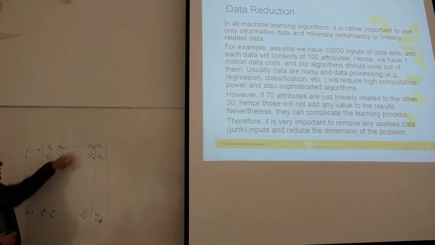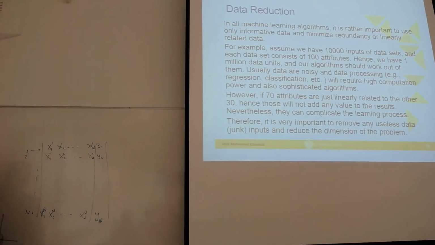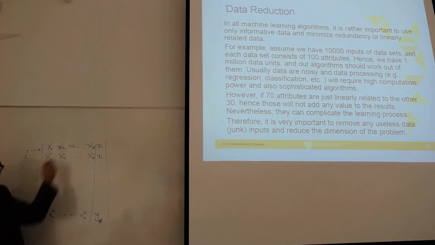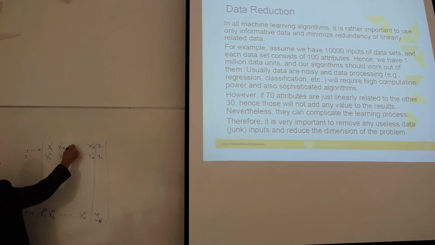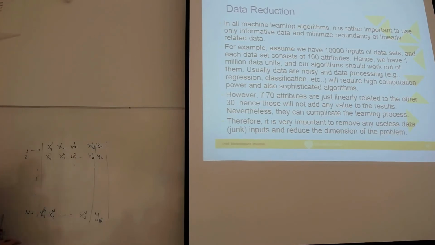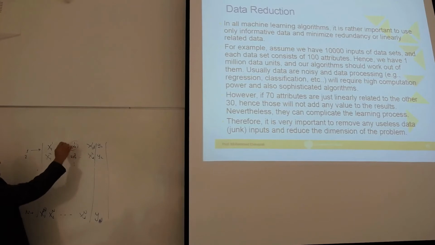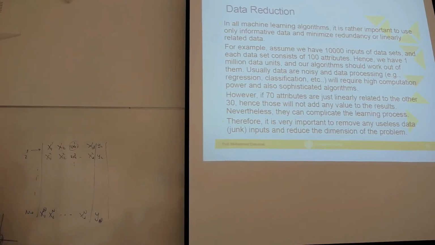If one dimension, for example the third one, is just 2x2, double of x2, so 2x2,1, 2x2,2, and so on, this will introduce errors when you compute the covariance matrix of this data, because it is just a repetition of the second attribute. So we should remove it.